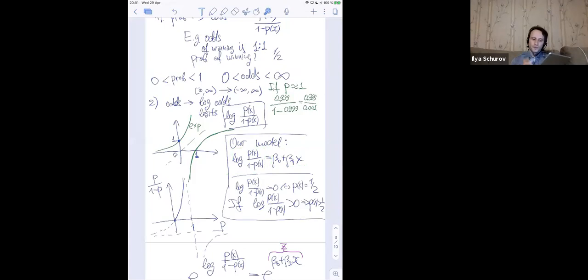So this is why this functional form is good. But I don't want to say that this formula is in any sense universal. This is just like a linear function, something that is simple and that can be interpreted in the way that we want it to be.